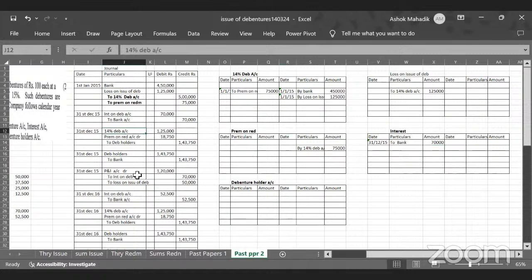Next entry is the redemption entry. So in 14%, what will we write? By debenture holder 1,25,000 in debenture account on 31st December. To debenture holders with 14% debenture, on the last day 31st. I'll copy the date.